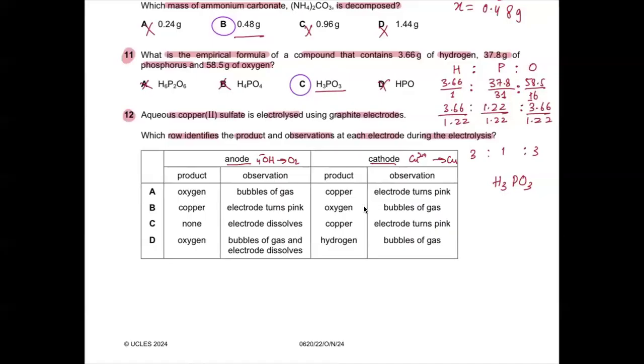So if oxygen is formed, that is either A or D. So B and C go wrong. Observation: bubbles of a gas, and the electrode doesn't dissolve when it is a graphite electrode, right? So D goes wrong.